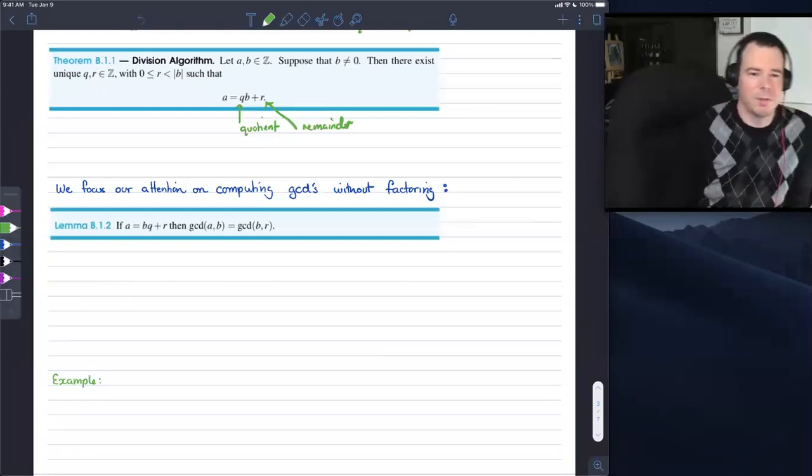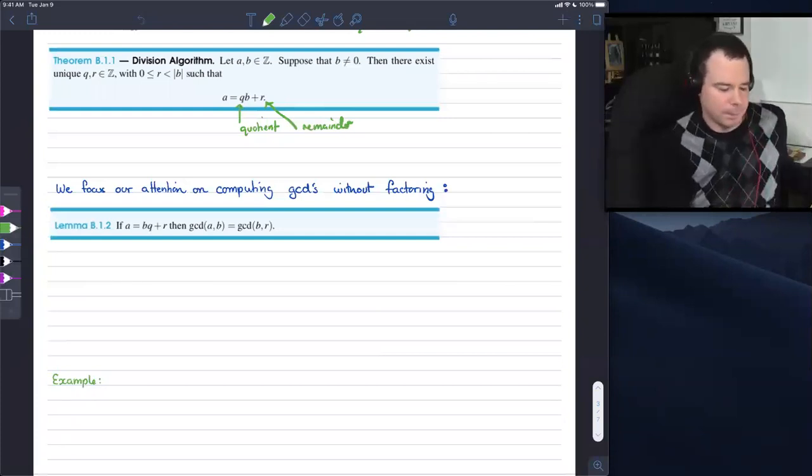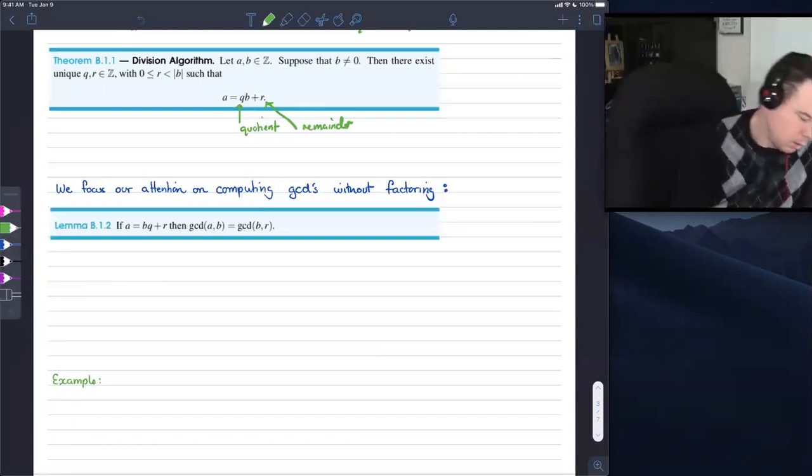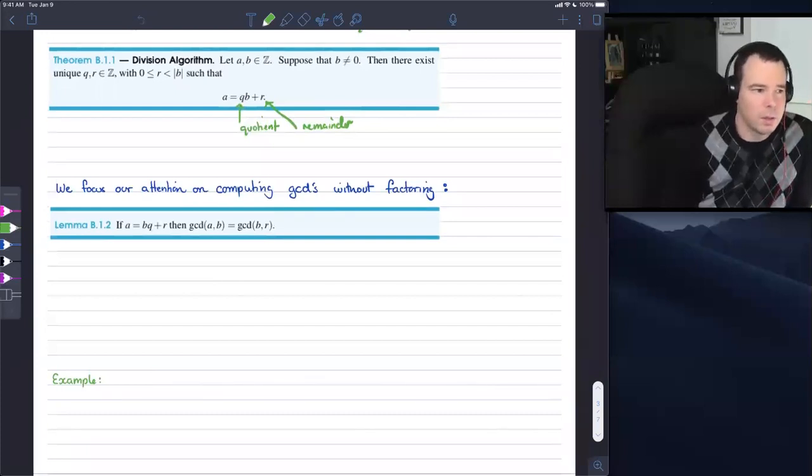Refreshing our memories in the sense of divisibility and whatnot, since we've been dealing with it since elementary school, but there might be a few new nuggets of information that is worth knowing as well. All right, so let's get into where we left off. We just have covered the division algorithm.